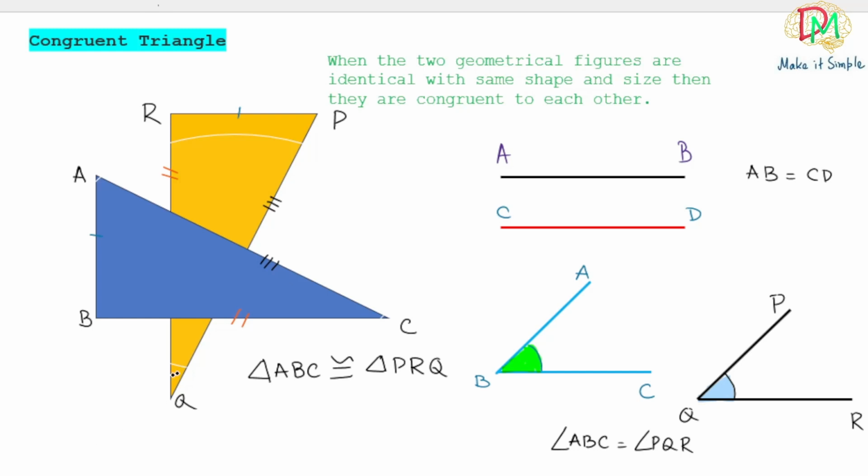Now you just follow the starting point and the orientation. So look at this. We start from A, then move to the B point, then move to the C point. Okay, this is the orientation.